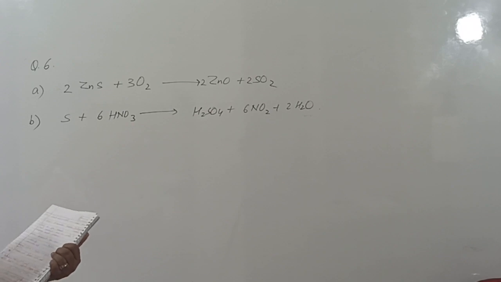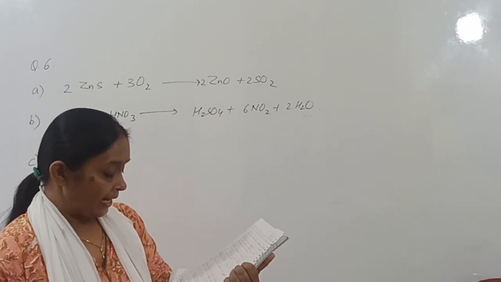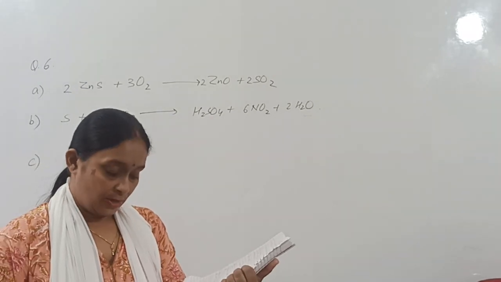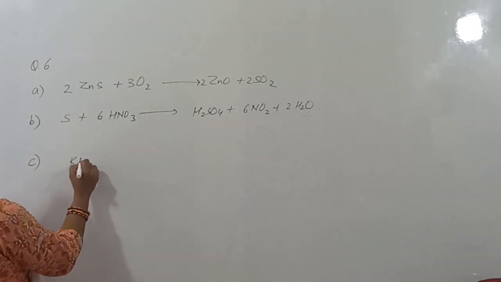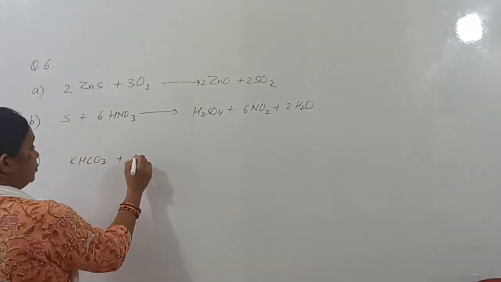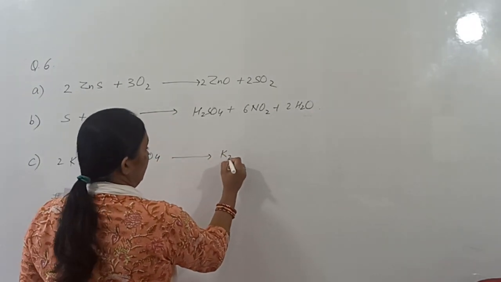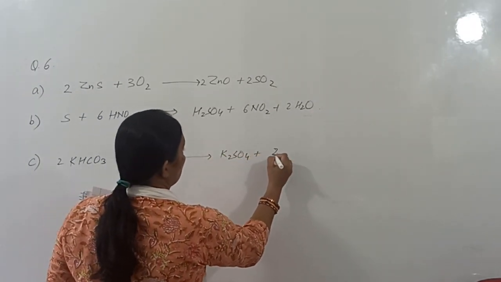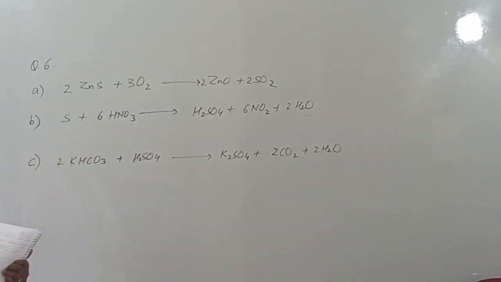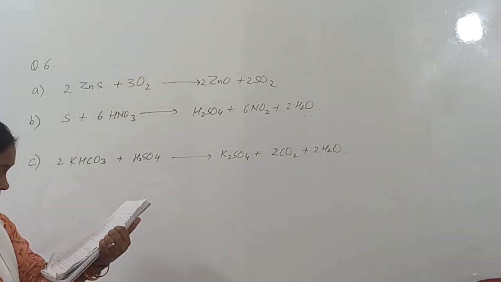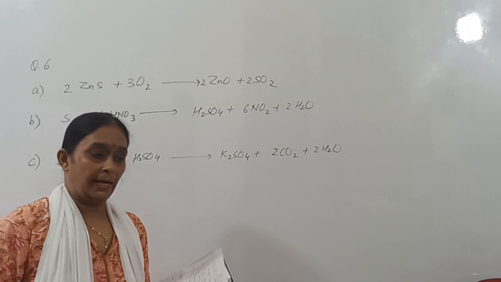Next is C part, in which potassium bicarbonate reacts with sulfuric acid to give potassium sulfate, carbon dioxide and water. Potassium bicarbonate is KHCO3, 2 molecules react with sulfuric acid to give K2SO4 plus 2 molecules of CO2 plus 2 H2O. So these are the balanced reactions for question number 6. These are the correct answers.